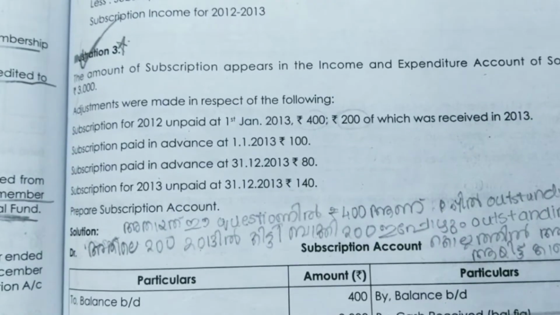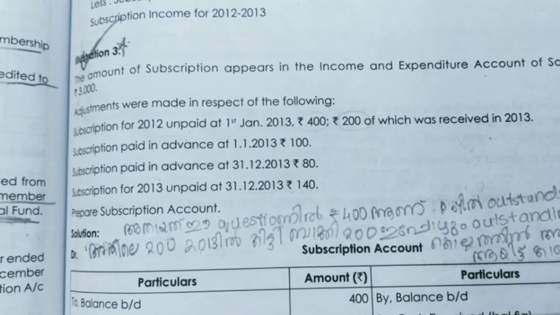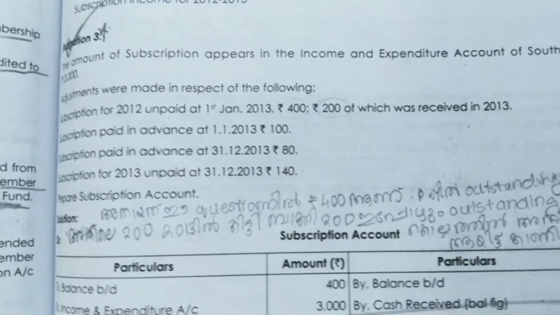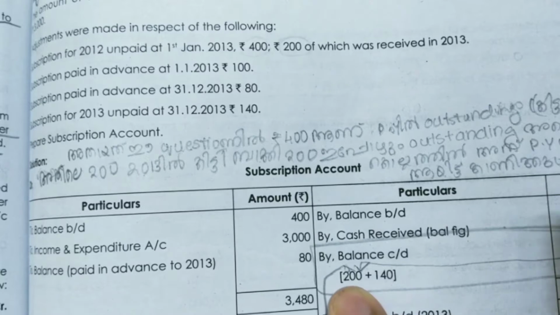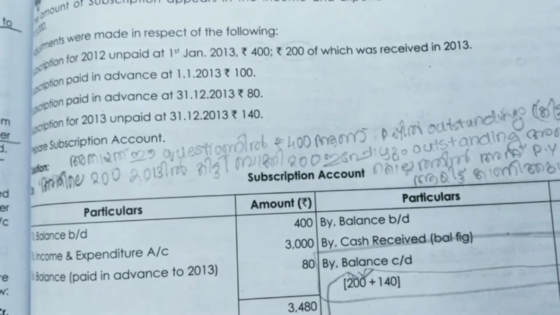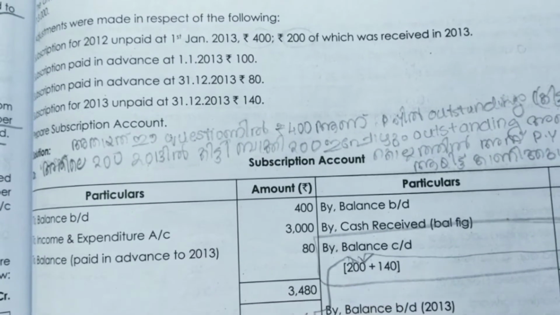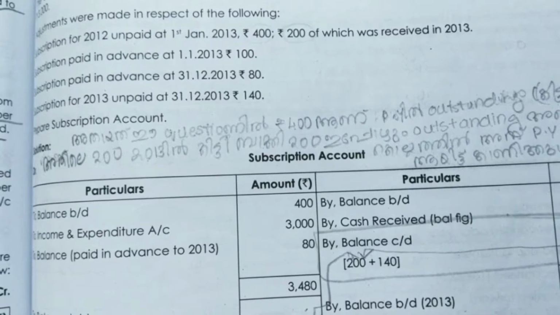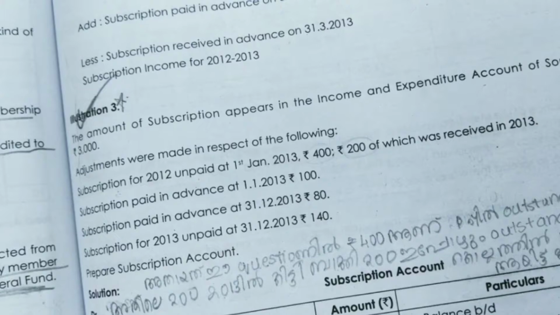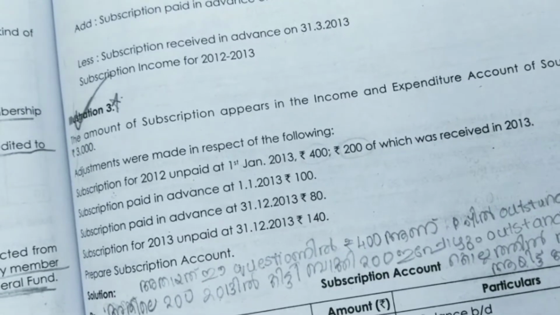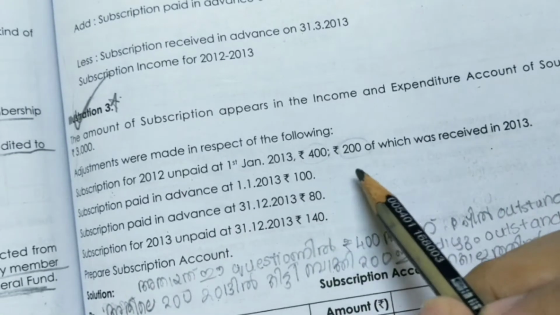In illustration number 3, the very first question where you would have doubt, here you might see in the closing balance 200 and 140. So you want to know how this amount came, right? Just read the sentence: subscription for 2012 unpaid at 1st January 2013 is 400.